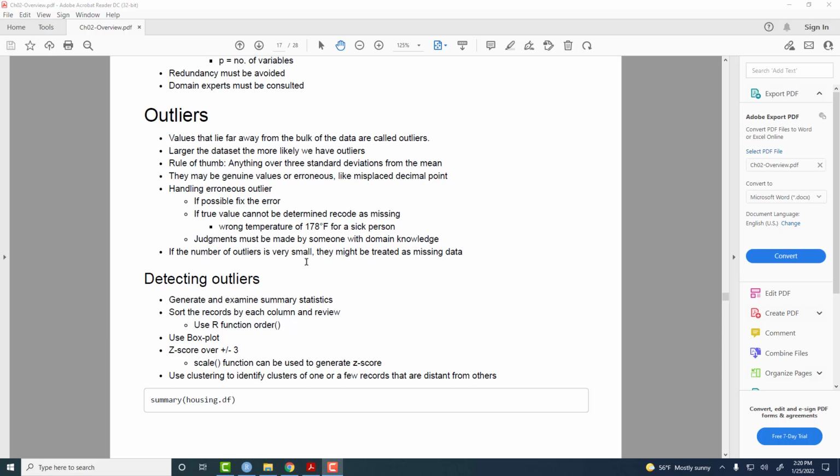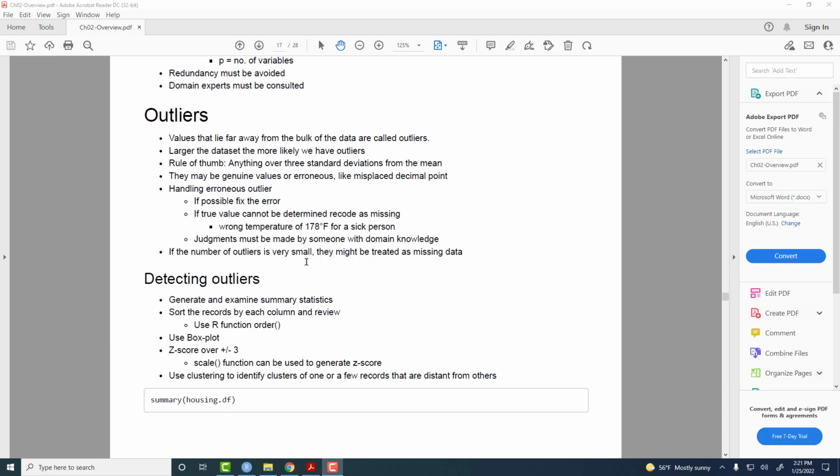Once you find that there are some columns that do have outliers, you can take those columns and sort them in ascending order. Then you get the lower-level outliers. You sort them in descending order, so you get the larger outliers. Then you examine them. You can use the R function order.